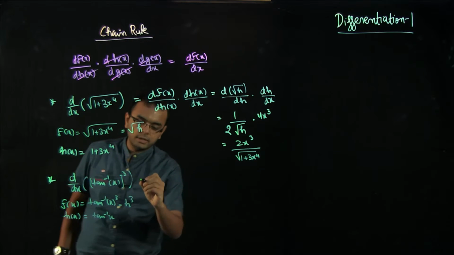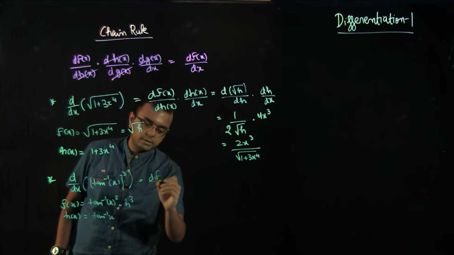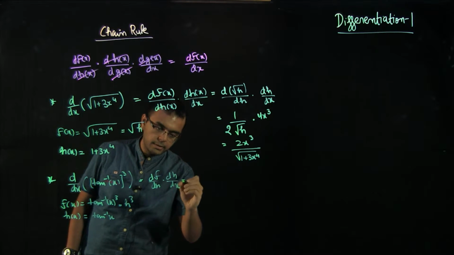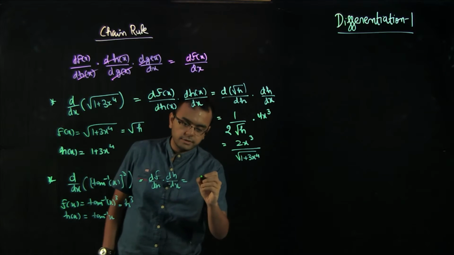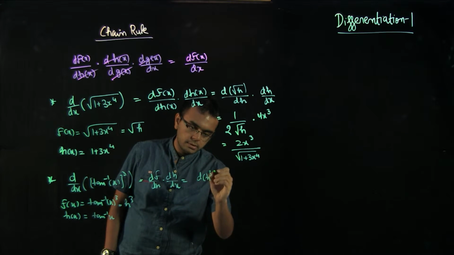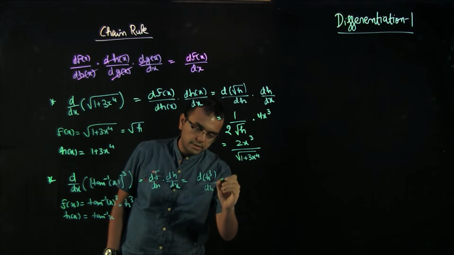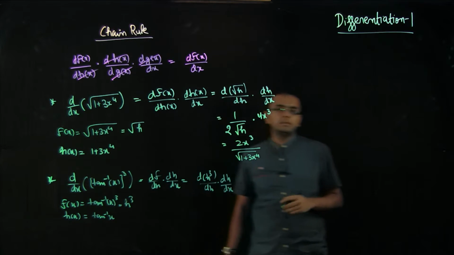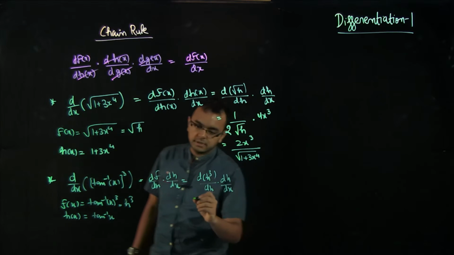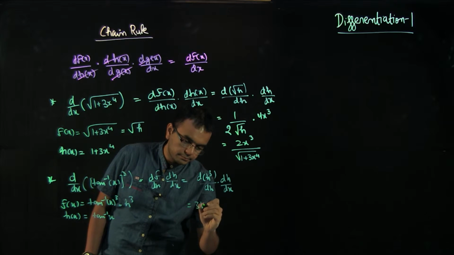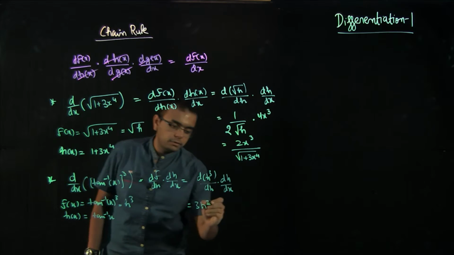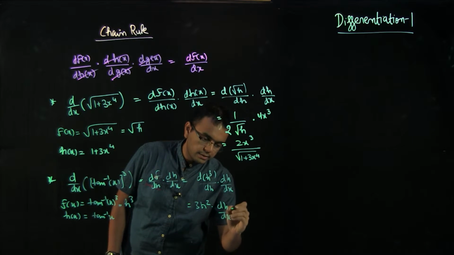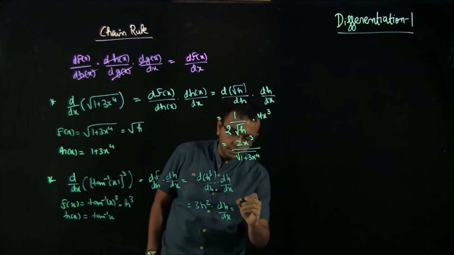When I write it here as df by dh into dh by dx, I mean that I am differentiating d of h cube by dh into dh by dx, and d of h cube by dh is nothing but the same as d of x cube by dx, which is nothing but 3h square into dh by dx.